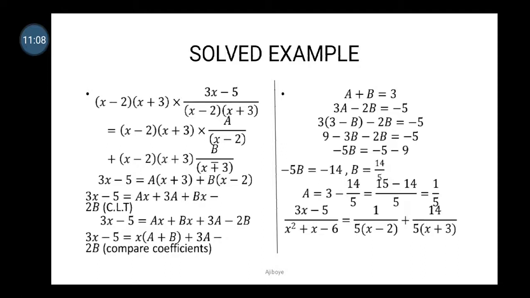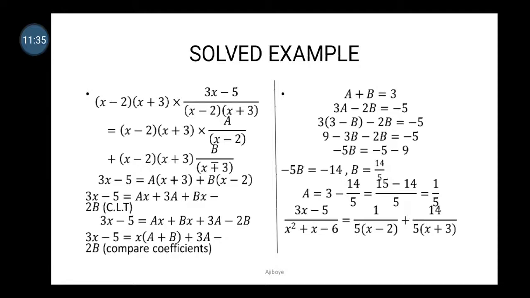A plus b is equal to 3 simply because the coefficient of x on the left hand side is 3, and the coefficient of x on the right hand side is a plus b. So we equate the two coefficients. Therefore, we have a plus b equals 3.